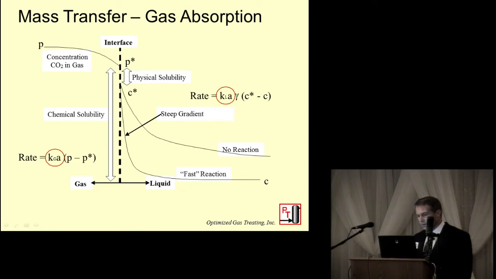And then the resistance coefficient times the area times the difference between the equilibrium CO2 at the interface minus the actual CO2 in the bulk phase, either with or without reaction. If we have reaction, that CO2 concentration is going to be lower in the bulk liquid phase.